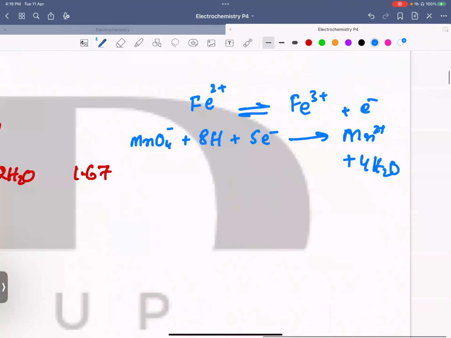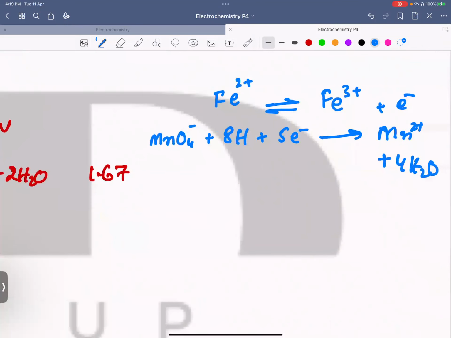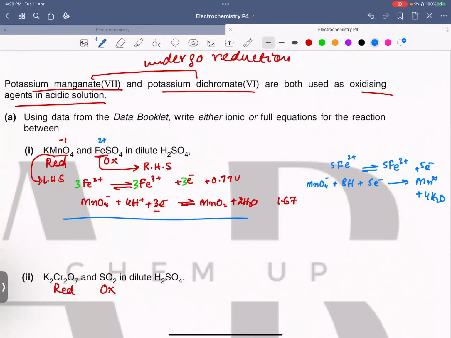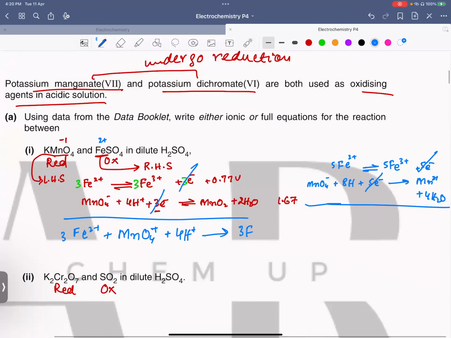In this case, I would multiply the equation with 5 to balance the electrons. Now in both equations, the electrons are balanced, so the electrons cancel out. Here I get 3 moles of Fe2 positive. You would write the species which are on the left side of both the arrows on the left and the ones on the right side on the right.